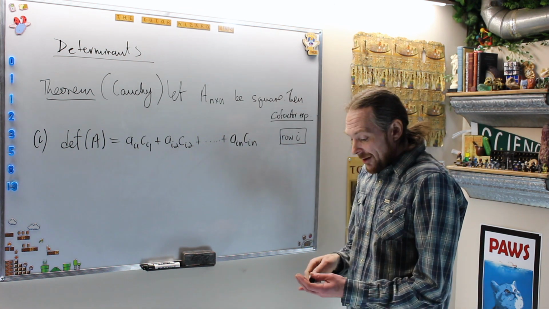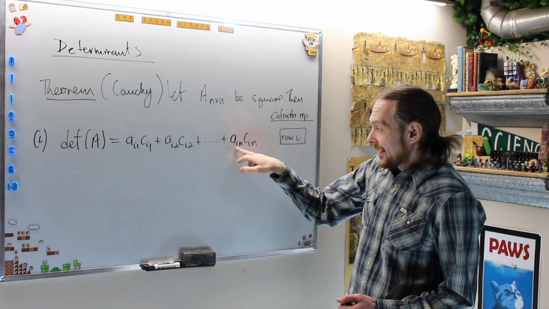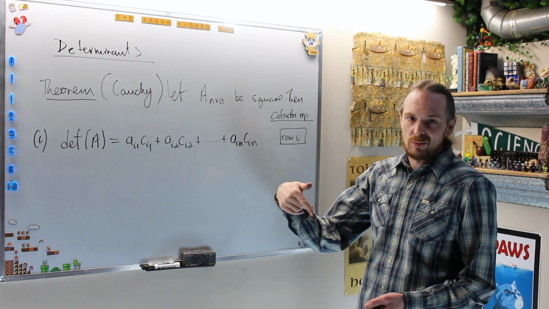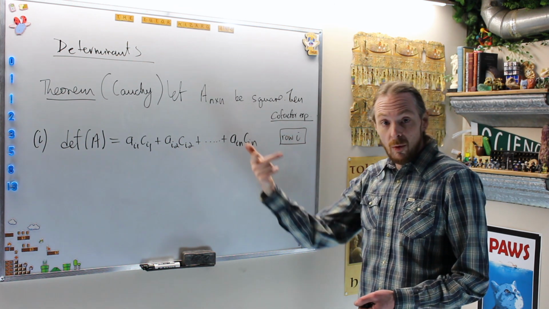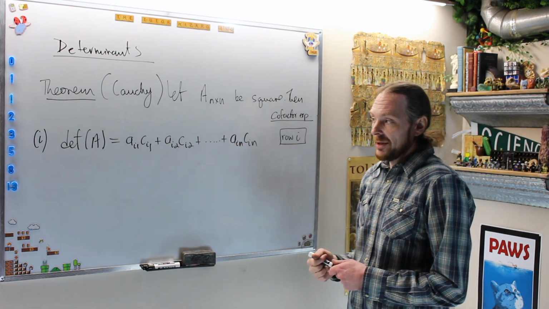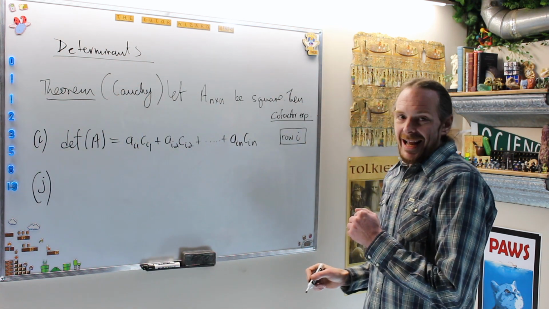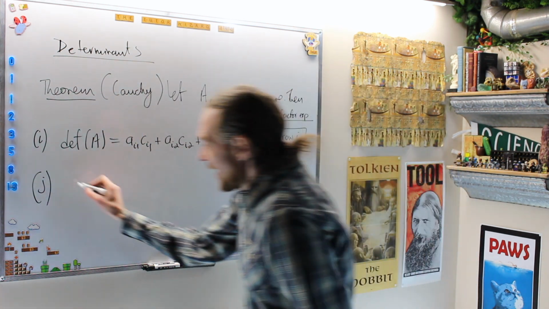Now that says you can use any row i. Notice that the i didn't change. i isn't changing at all. You can write that as a sum. You can also cofactor expand along any column j. What does that look like?